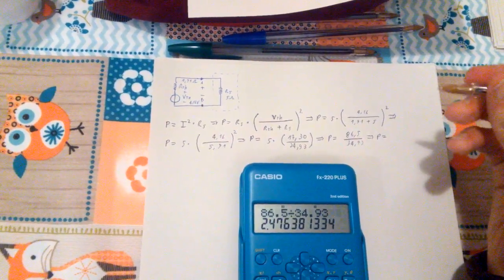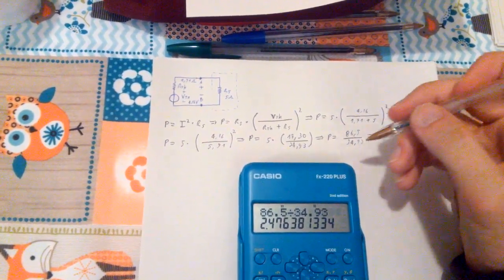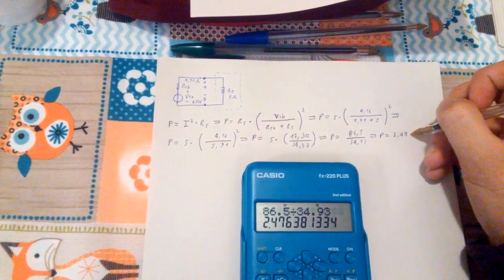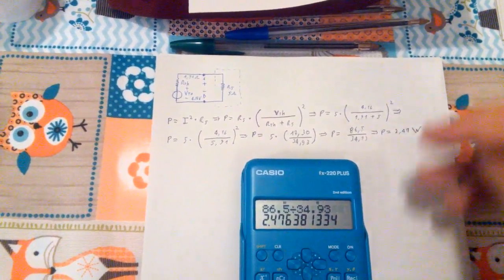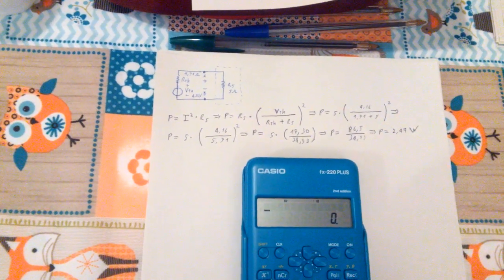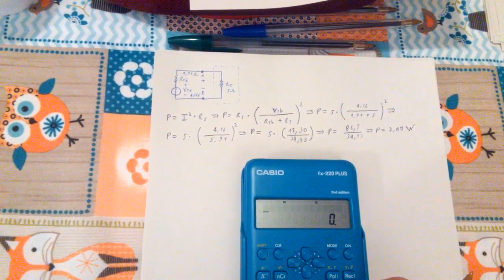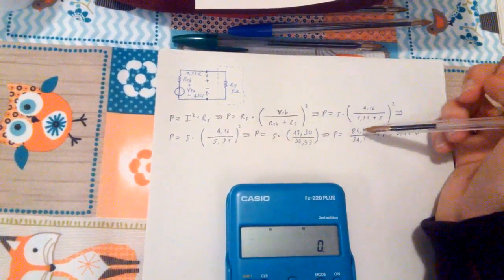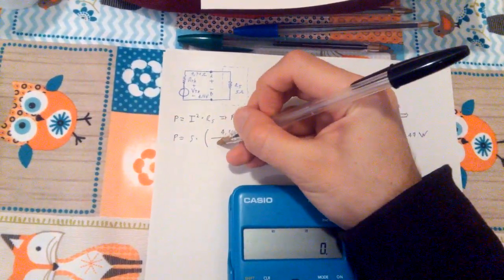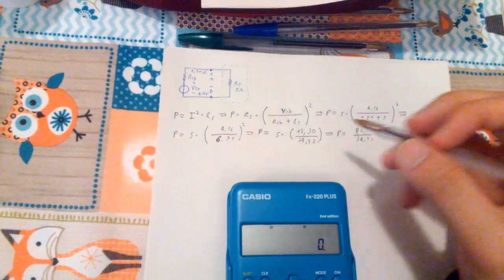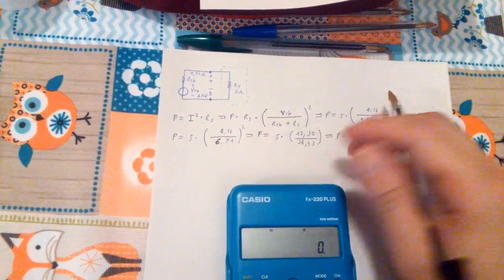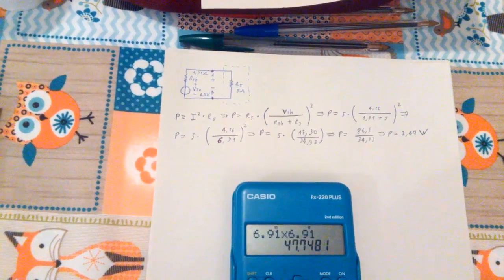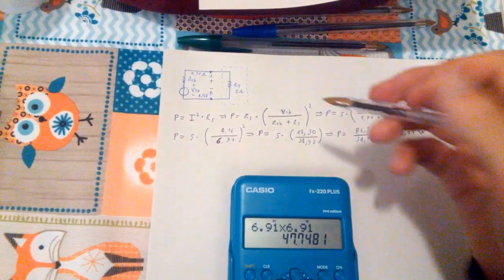2.47. Is that right? Is it 2.47 watts? Let me just do it quickly again. Oh no, it's 1.91 plus 5, which is 6.91. So 6.91 times 6.91 is 47.74.